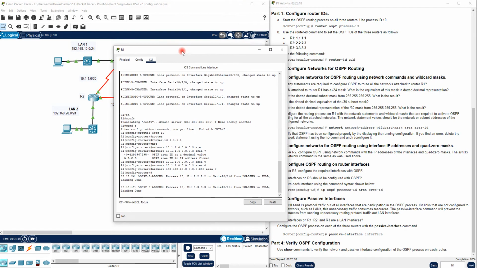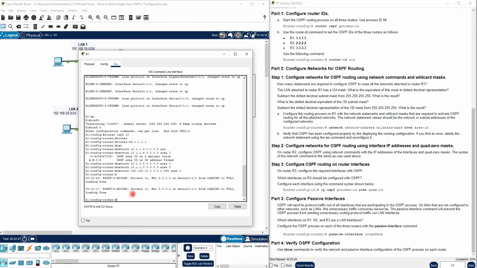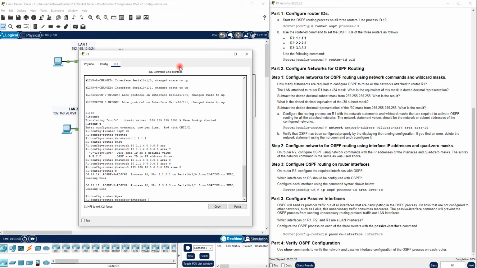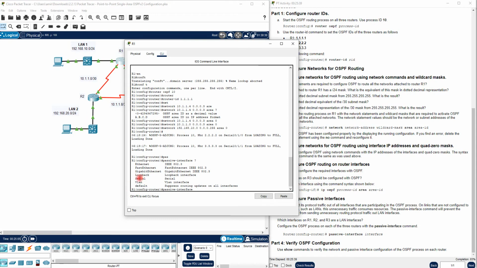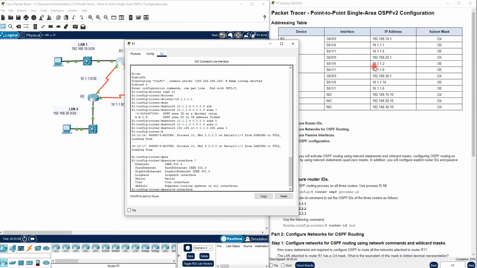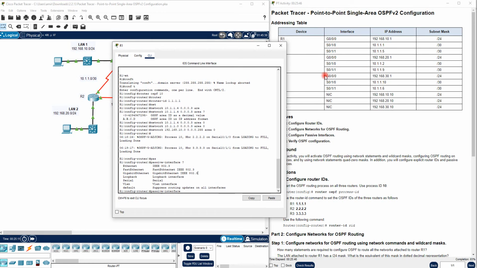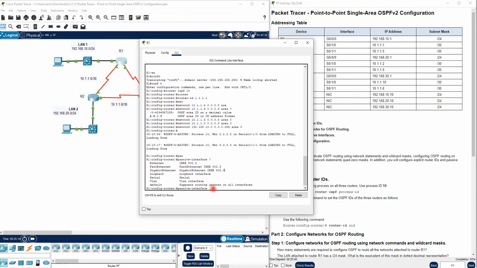You should go to router 1 here, and under router OSPF 10, we can write passive interface. Which interface is passive? You can see which interface. Maybe this is gigabit or serial or something like that, but for all of the routers it is G0/0/0. You can see here. Yes, G0/0/0.